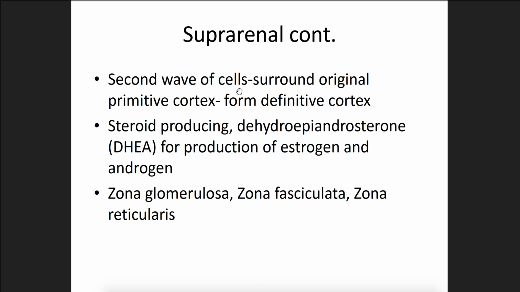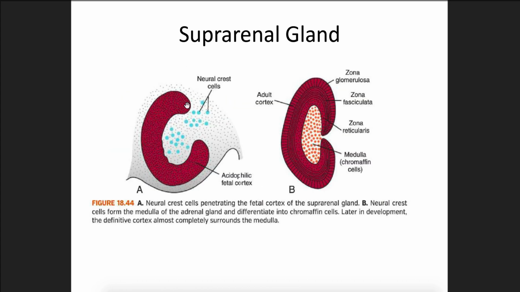The second wave of cells in the area of the cortex will be smaller in size, and they will form outside the primitive cortex, and this will be known as the definitive cortex. This area is the fetal cortex. Afterwards, you'll have a second wave of cells, and they will come to lie outside here, and slowly the initial acidophilic cells will go away or transform, and they will then form the definitive cortex, or the adult cortex.